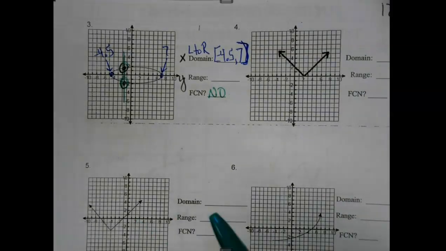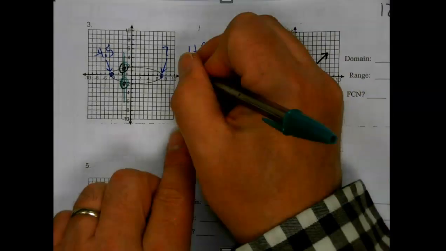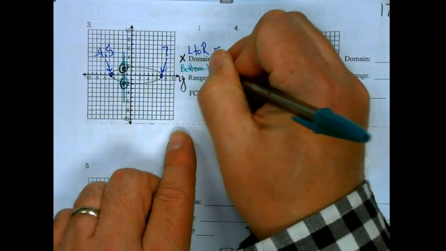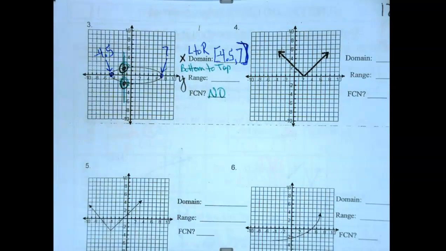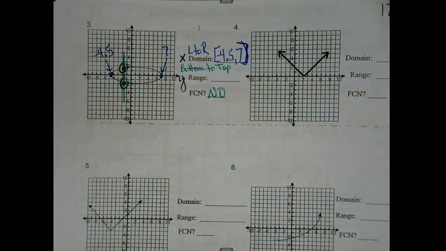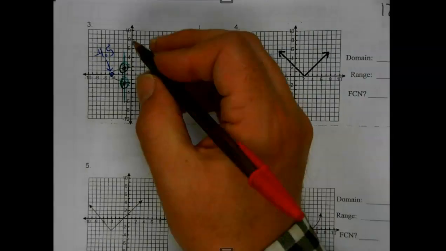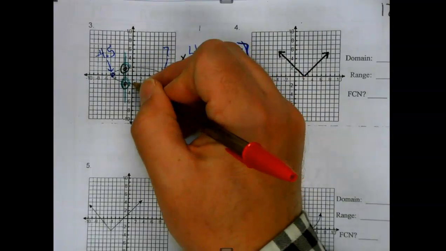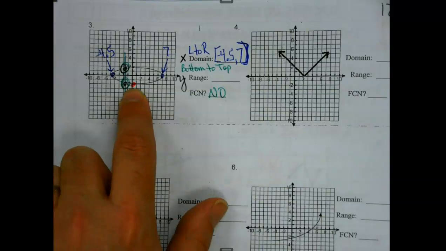The y for my range is doing y values from bottom to top. And again, we've done this with a couple of other graphs before, even just plain old lines. So I'm looking for the bottom, and sometimes it's kind of tricky to tell where it is, so we kind of guesstimate. That looks pretty close to the bottom.